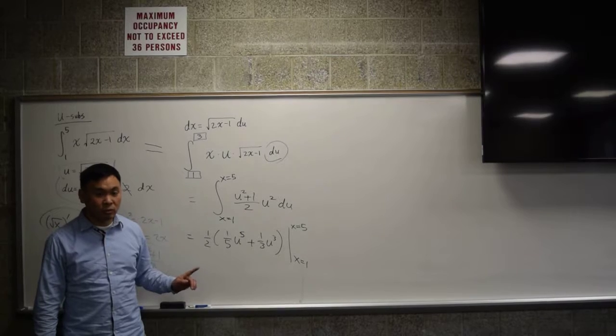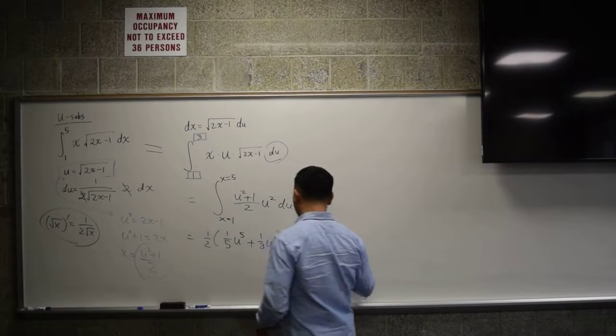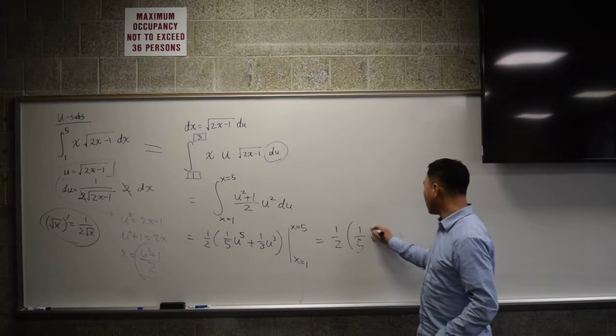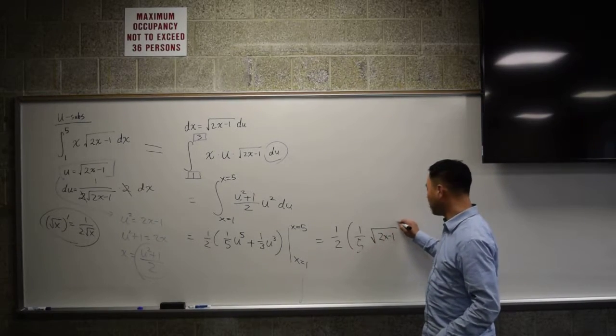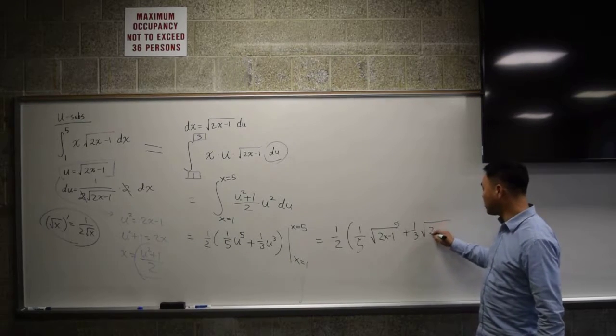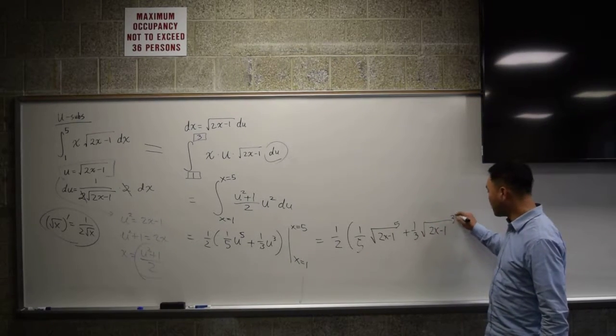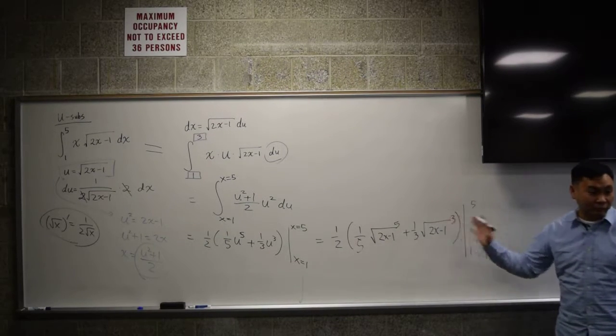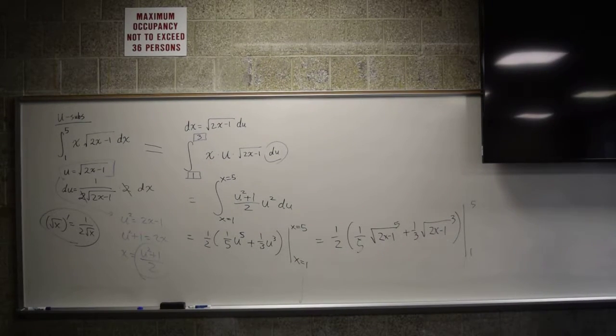So what do you have to do? Plug u back in. You have to go back and write down square root of 2x minus 1 to the 5th power plus 1/3 square root of 2x minus 1 to the 3rd power, and now 1 and 5 can be plugged in, and afterwards it's the same thing.